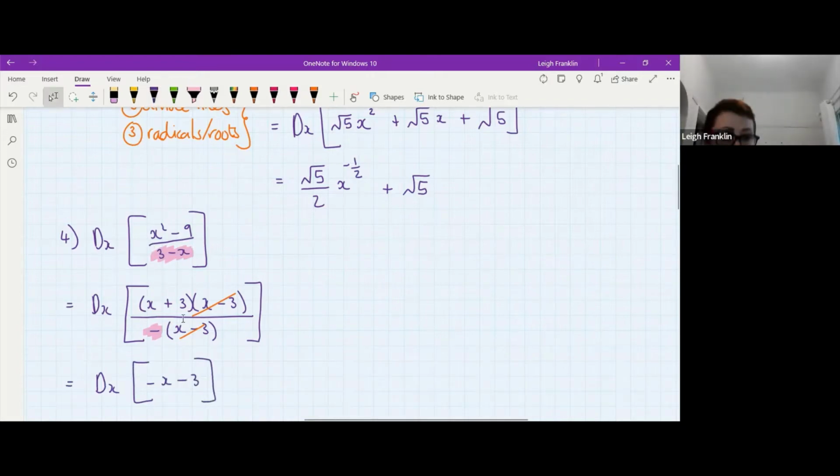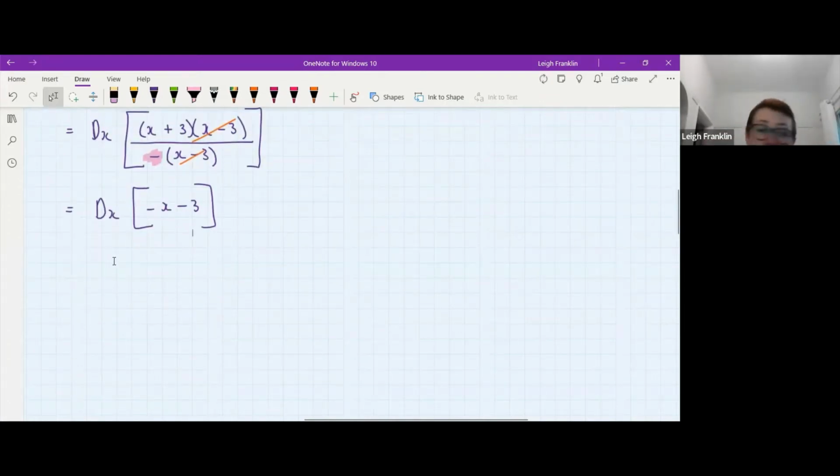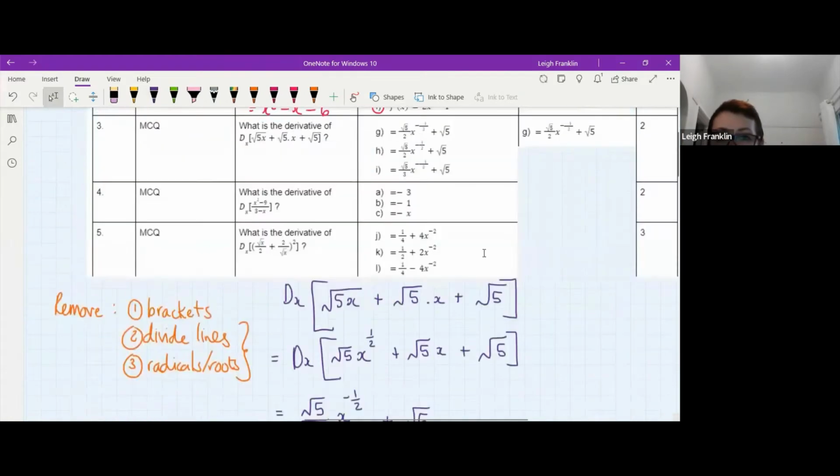I'm dividing each term by -1. Now I'm going to apply my power rule. So I'm dropping my d/dx and my square brackets, applying my power rule to those two terms, and thus I end up with -1 as my answer. And that's why up here, the correct answer was B.